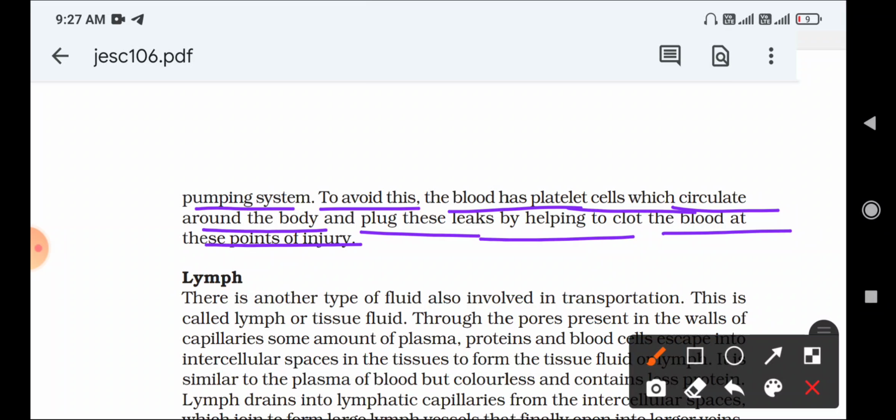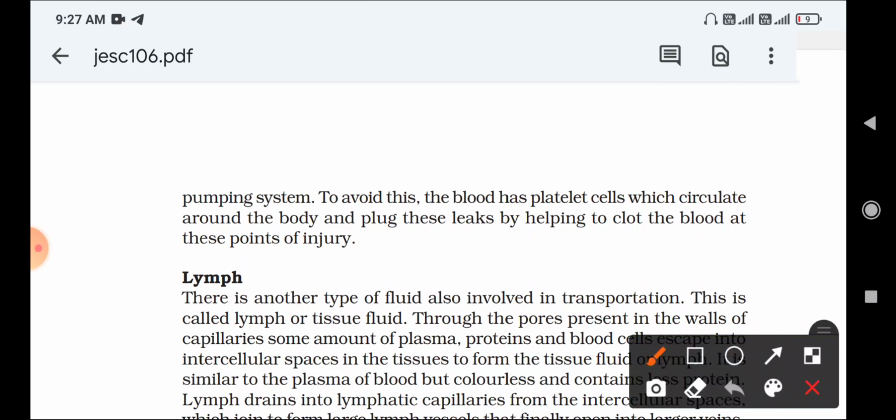The platelets circulate around the body and plug the leaks by helping the blood to clot at the time of injury. This is the main function of platelets. In the exam, if they ask what the function of platelets is, you can write: the blood has platelet cells which circulate around the body.